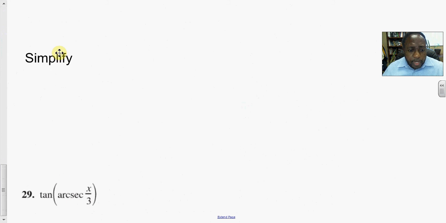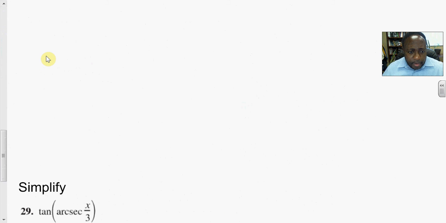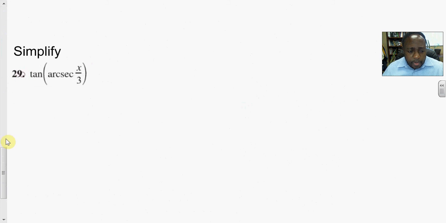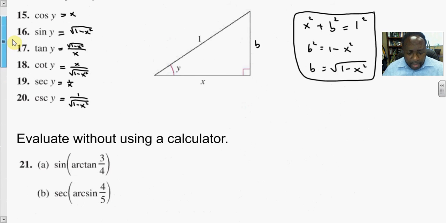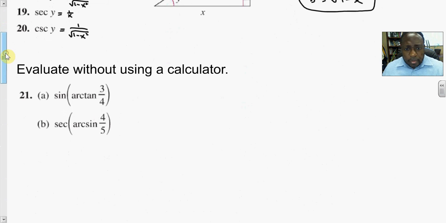Let's see if we can pull that up. Shouldn't need all that space, I don't think. Okay, good. I don't know how come I didn't do this earlier. Sorry. So evaluate without using a calculator.